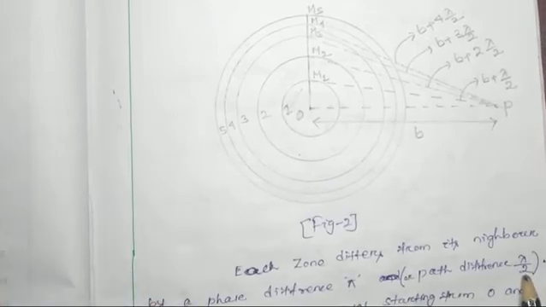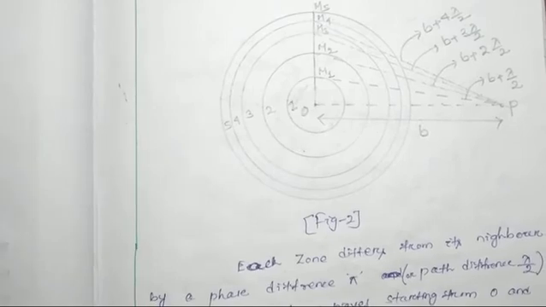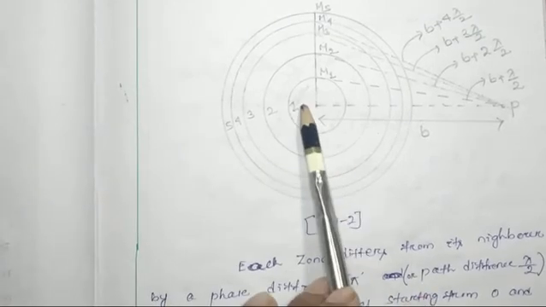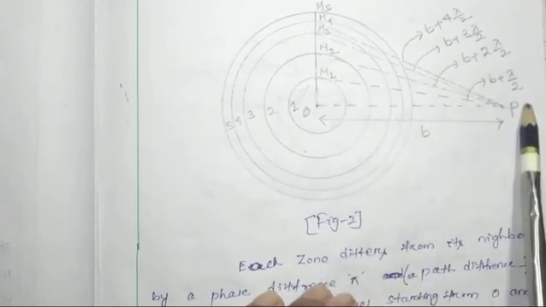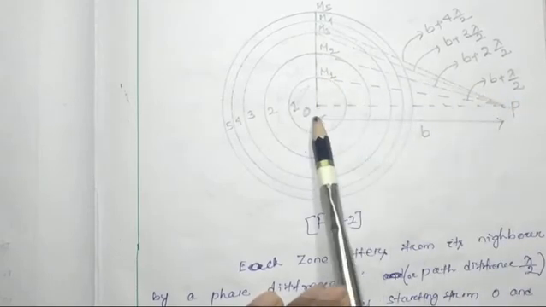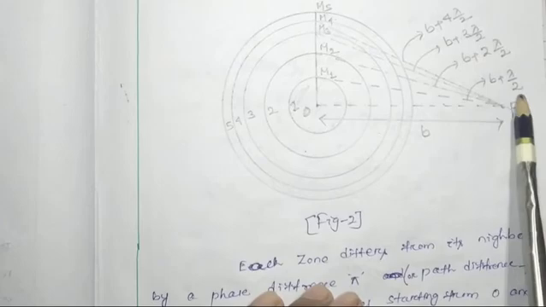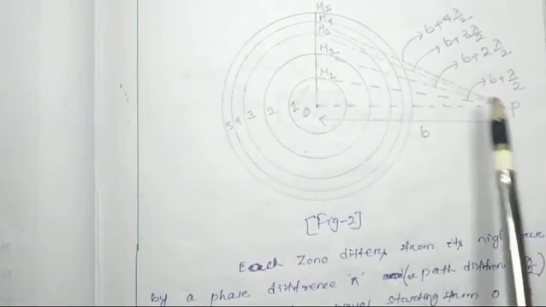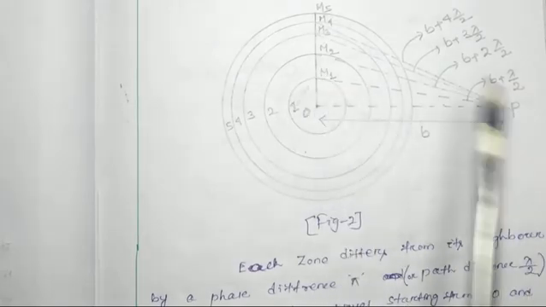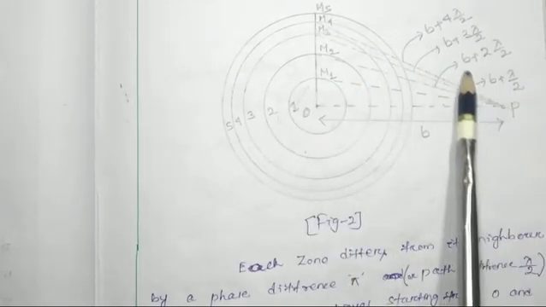So if we consider the secondary wave starting from O to P and from M1 to P, what will be the path difference? That will be B plus lambda by 2 minus B, that is, the path difference between M1P and OP is lambda by 2.